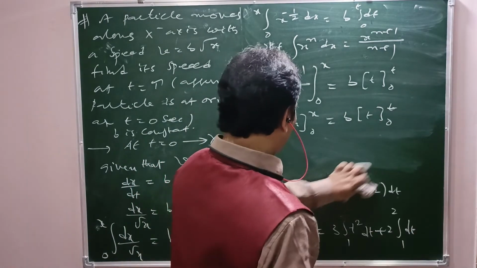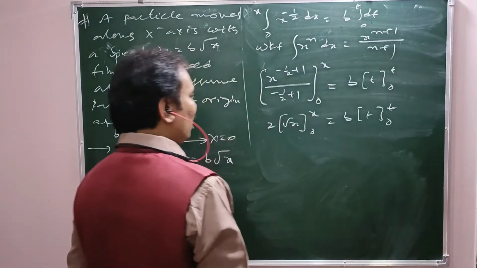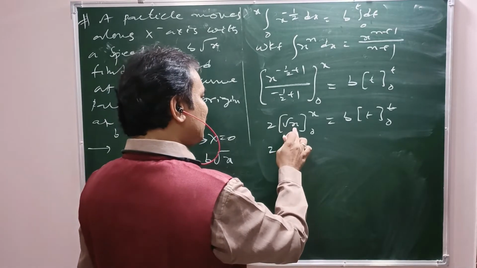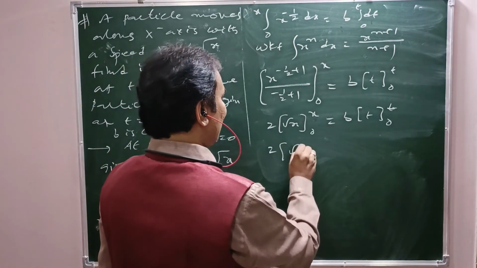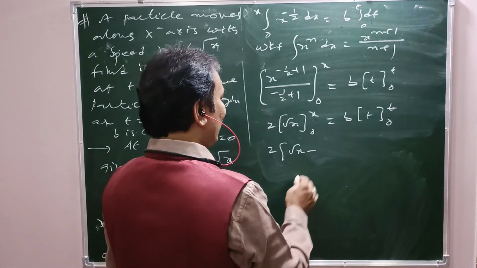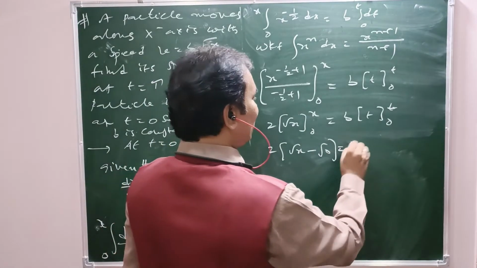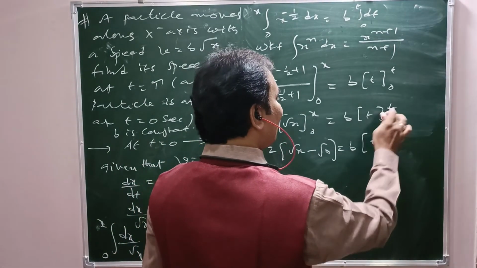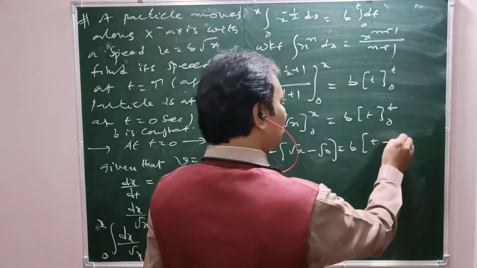This time I am substituting the upper and lower limits. So 2 into root x, the upper limit substituted, minus this time the lower limit, root of 0, equals b into upper limit t minus the lower limit 0.